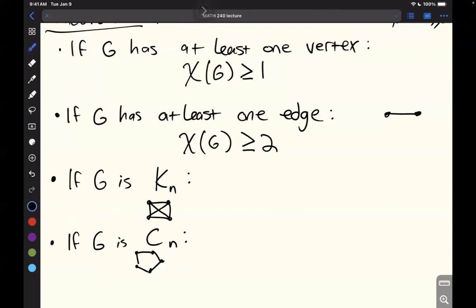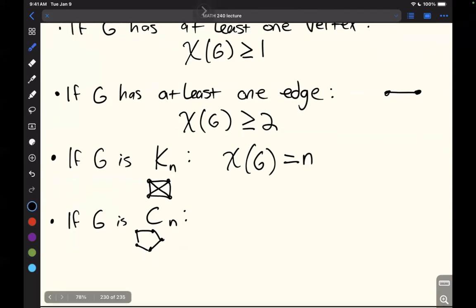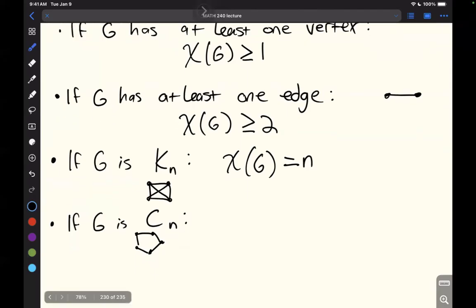It's just not possible. And so it is, in fact, equal to n. It can't be less than n because that's not possible given our definitions. It also can't be greater than n because why would it be? We've got n vertices.